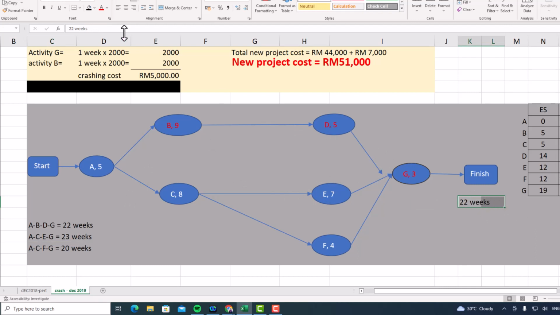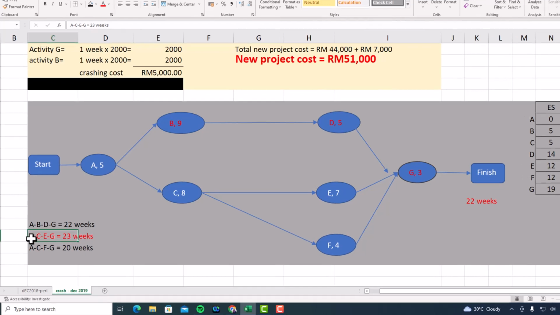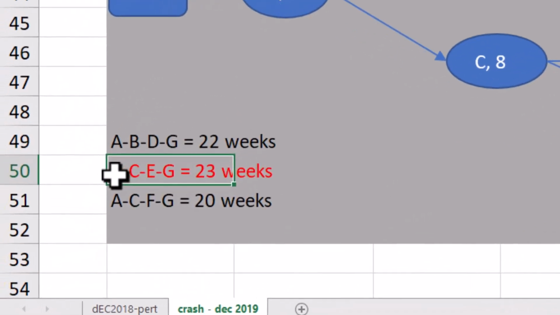Okay, so this is the requirement. So what we need to do is we need to crash another 1 week between these activities. Either you need to crash on A, C, E, or G.